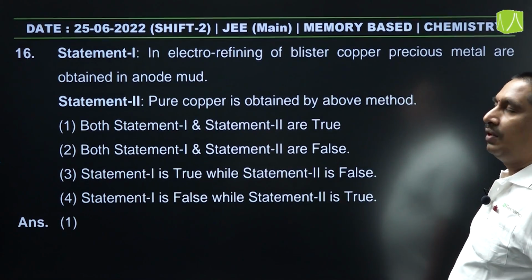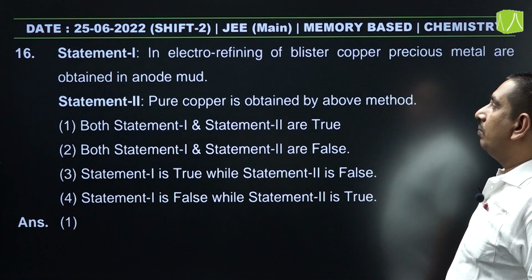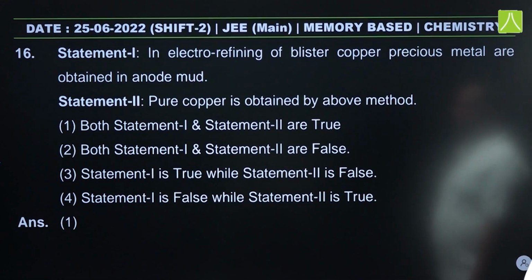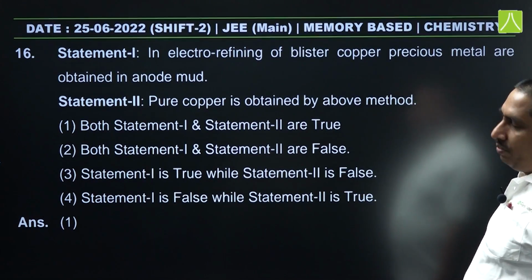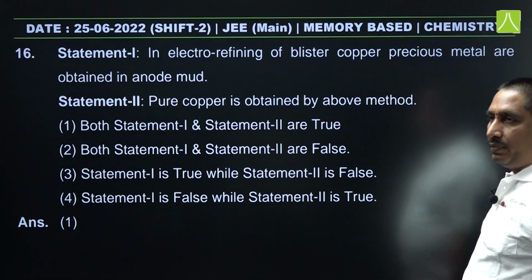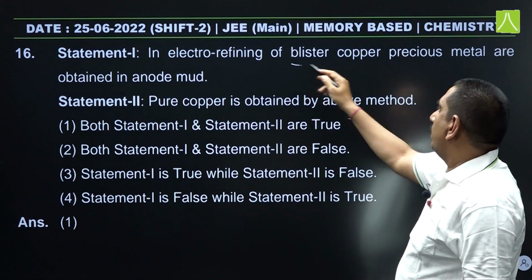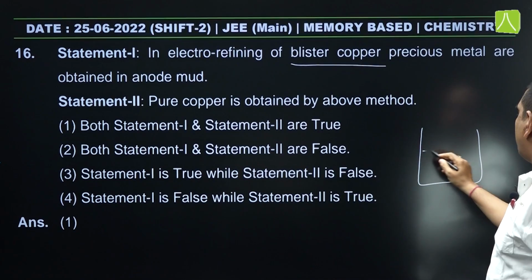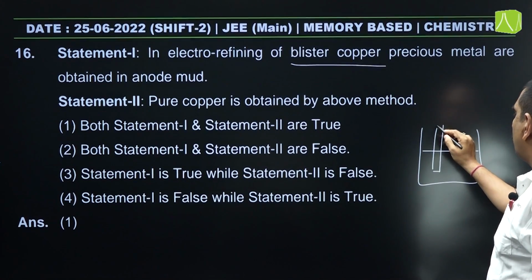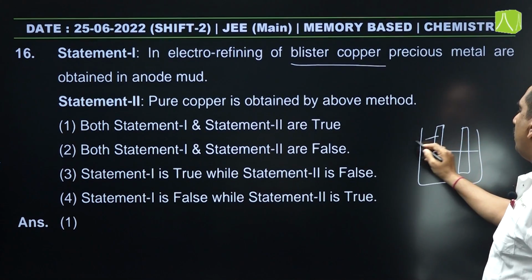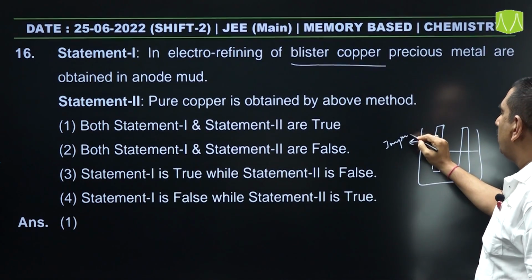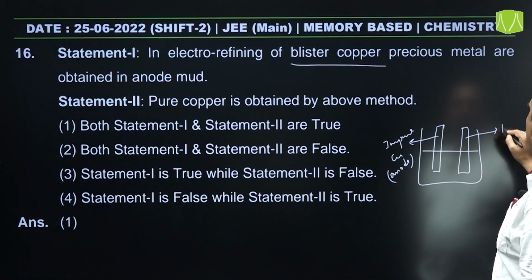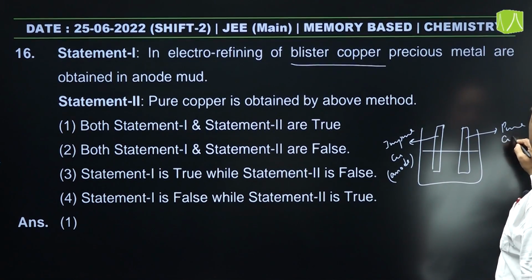Next, this is from metallurgy. In electro-refining of blister copper, precious metals are obtained in anode mud, and the statement is that pure copper is obtained by the above method. Yes, using blister copper in electrolytic refining, we take impure copper as anode and a pure copper rod as cathode.